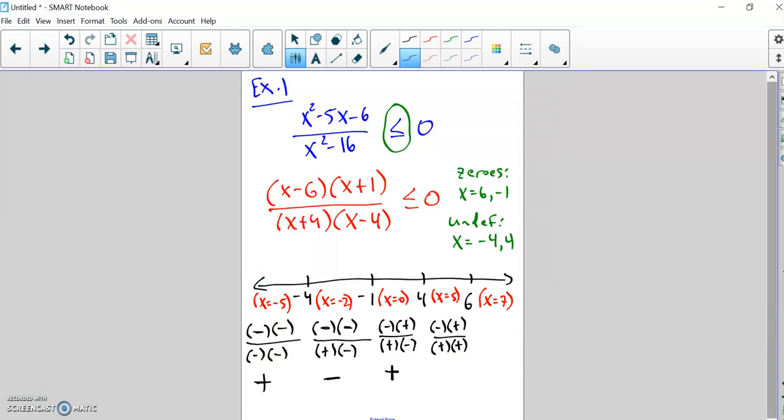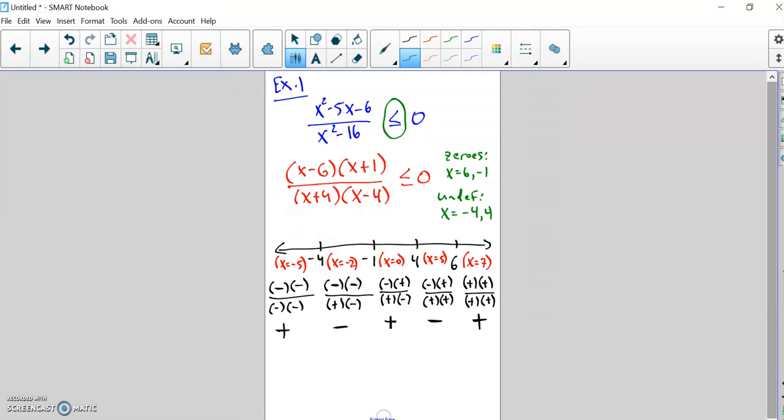Okay, when we divide all of these, we get a negative on top and a positive on the bottom, which is going to give us a negative. And then last but not least, when we try 7, we'll get positive, positive, divided by positive times positive, which will result in a positive divided by positive, which gives us a positive answer.